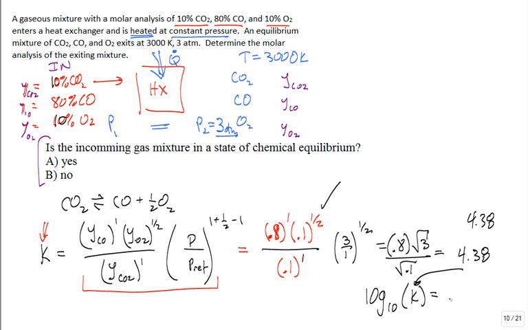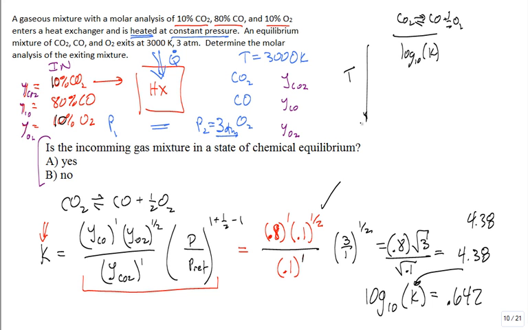What do you get? 0.6? 0.642. Okay, now, if I think back on my table, I had the log base 10 of the K values for CO2 going to CO plus 1/2 O2, as a function of temperature. It started hugely negative and was getting towards 0.